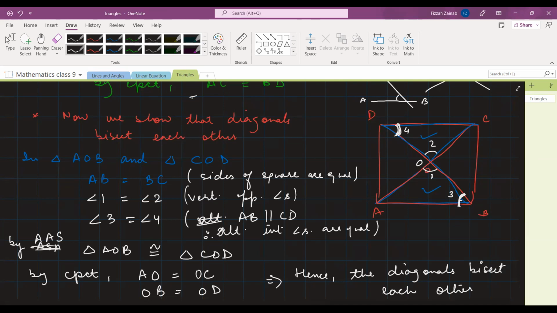Here also, you can write a concluding line, AC is equal to BD. So you can say hence the diagonals are equal. I mean, it's not necessary, but you can. So equal and bisect we have shown. Now we have to show that they bisect at 90-degree angle. Third thing we have to show.